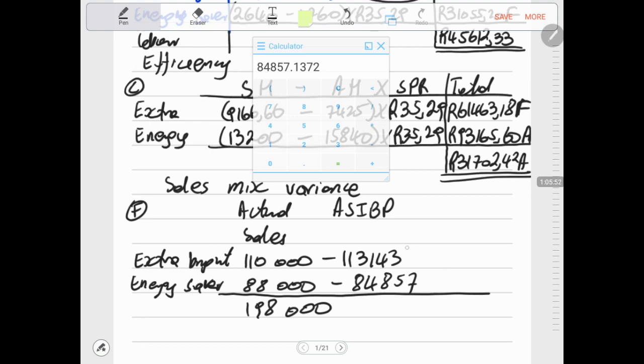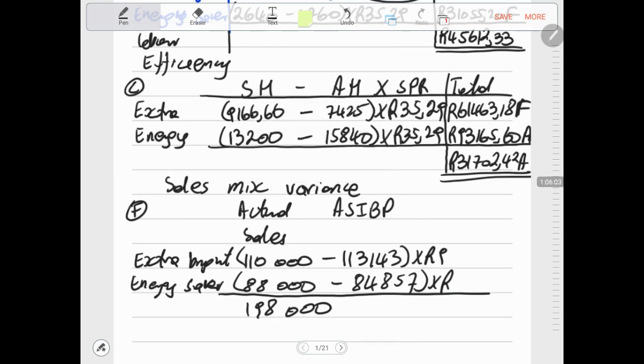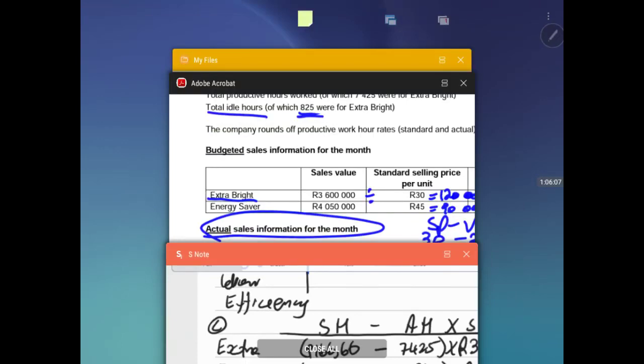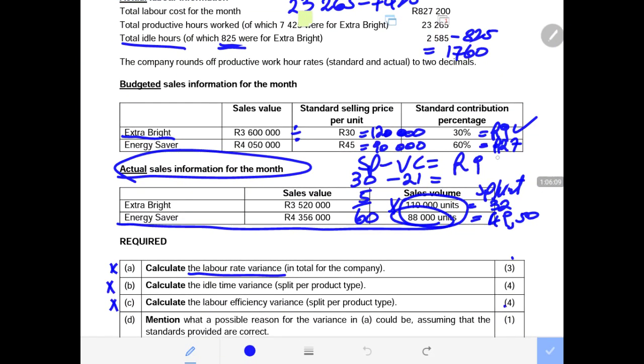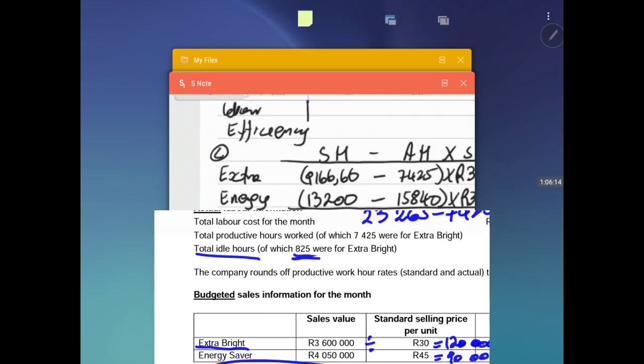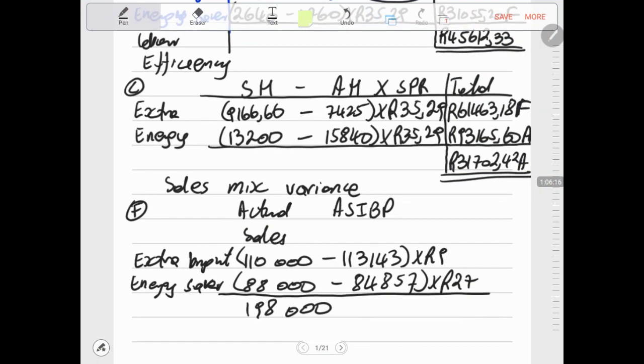Then we multiply this by the contribution. We multiply here by 9 and here by 27. I think it was 27. Let us confirm if the contribution was 27. Yes, it was 27. Selling price minus variable cost per unit gives us contribution.